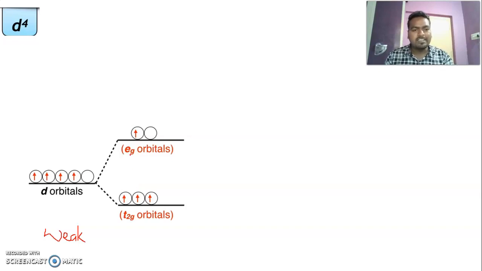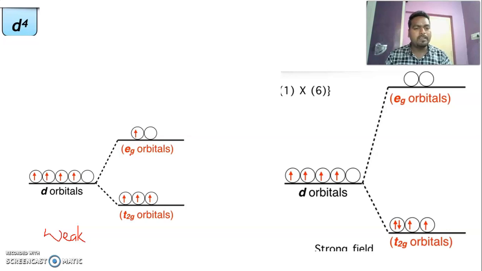So let us see the case of a strong field. Observe carefully the electronic configuration, dear students. Here there are 4 electrons, but all 4 electrons enter the t2g. Actually, according to Hund's rule, an electron should go to the eg orbital, but in the presence of a strong ligand, strong field, it forces the unpaired electrons to pair up.